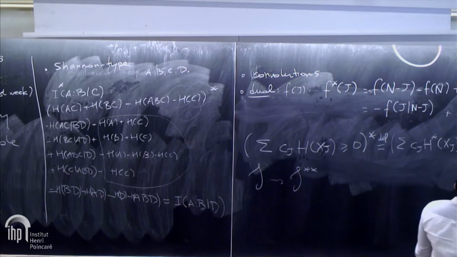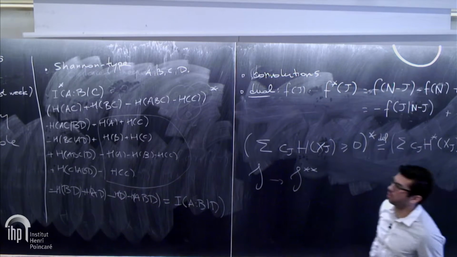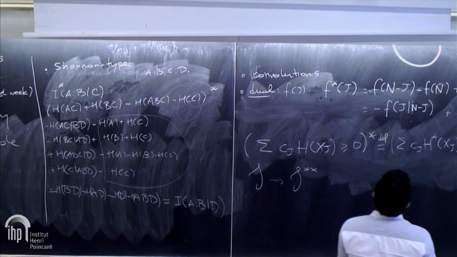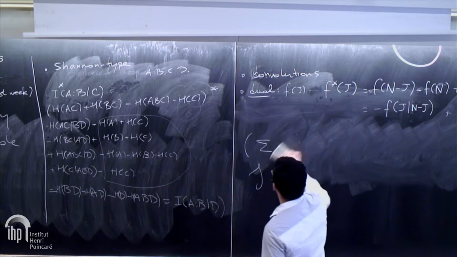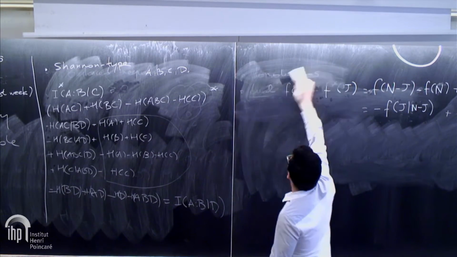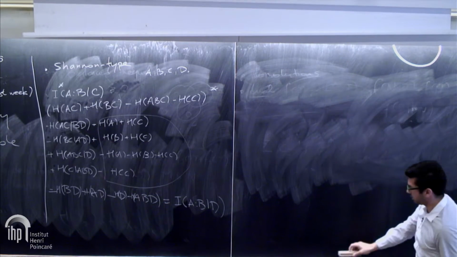So now I want to go to vector spaces. For vector spaces, Randall told the story: up to 3 random variables, it's almost the same story. It's the same inequalities.